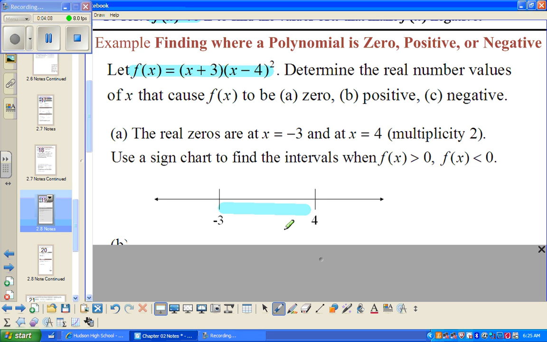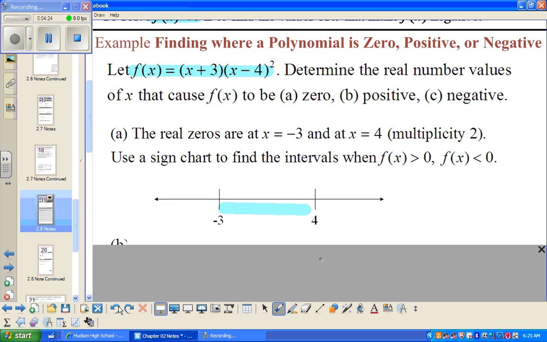What I mean by the same is they'll either be positive or negative. Because as you know, at any one zero, you could have a bounce or you could go through the x-axis. So that's what we're going to determine right now.